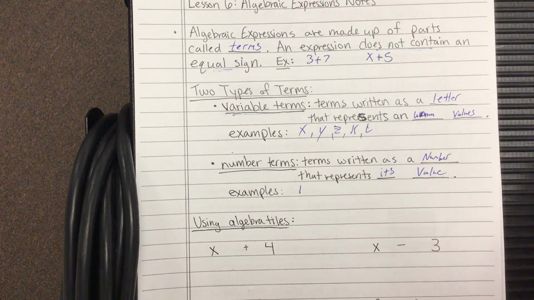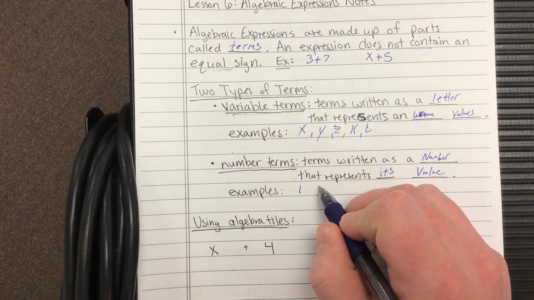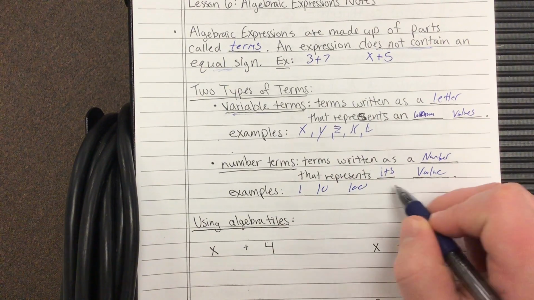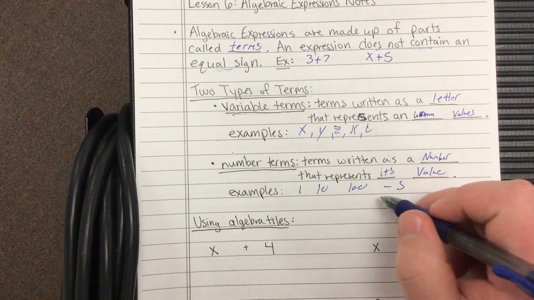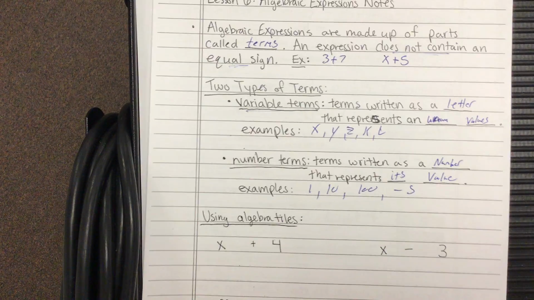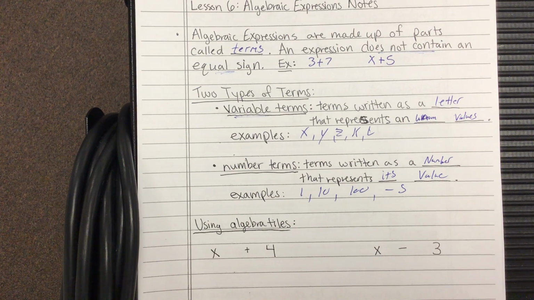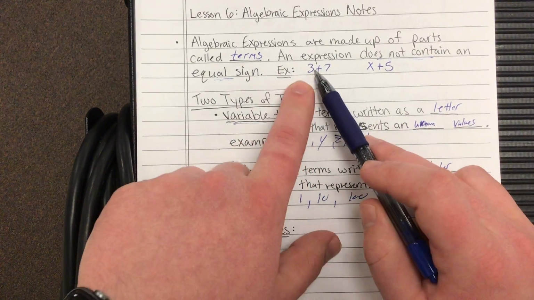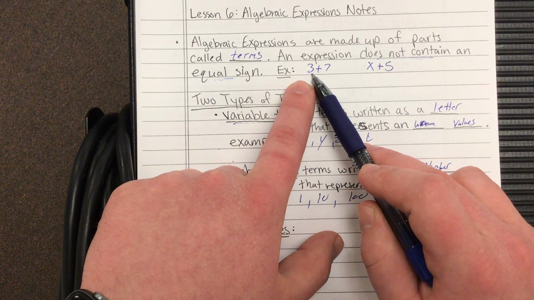Any number, right, Landon? Yep. 1, 10, 100, negative 5. We're talking about numbers, so it can be any number. Negative 1,000. Sure. So going back to our terms, number term or variable term?